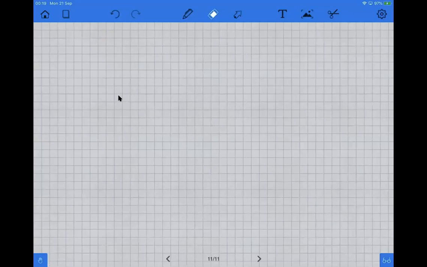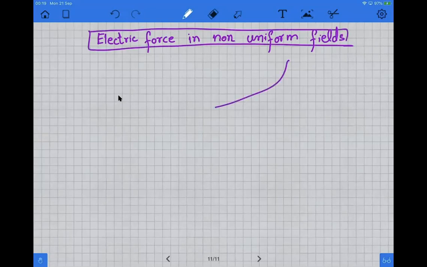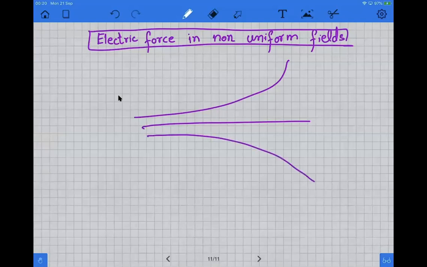So we must understand the concept of electric force in non-uniform fields. What if the field is non-uniform? Just for example, if we have this field here, it's the same principle.